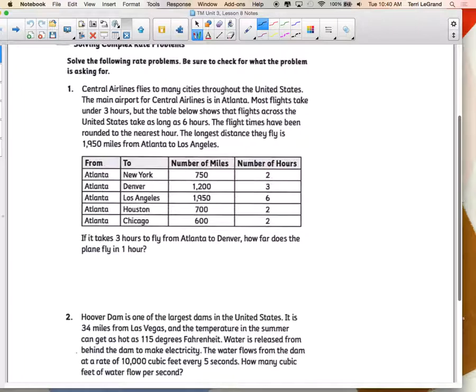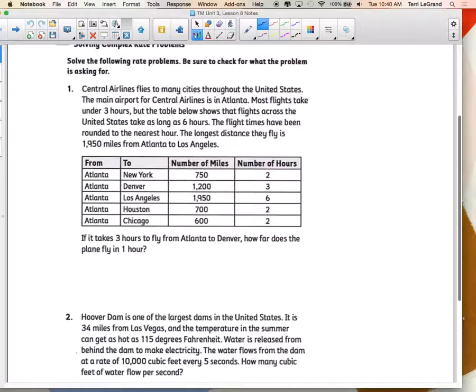So all of the flights shown in the table are from Atlanta to different cities throughout the United States, right? They're flying from Atlanta because that's where they're based, and they're showing a number of cities that they fly to.